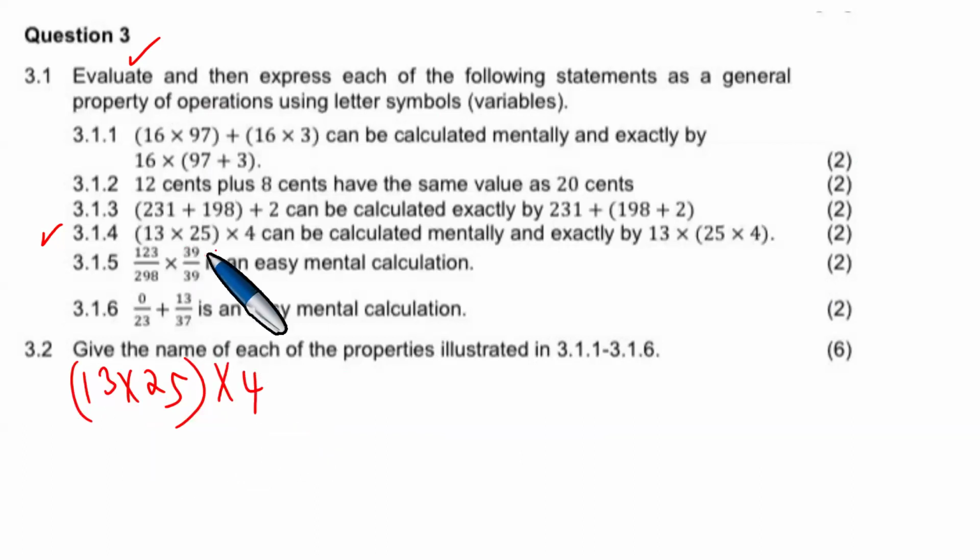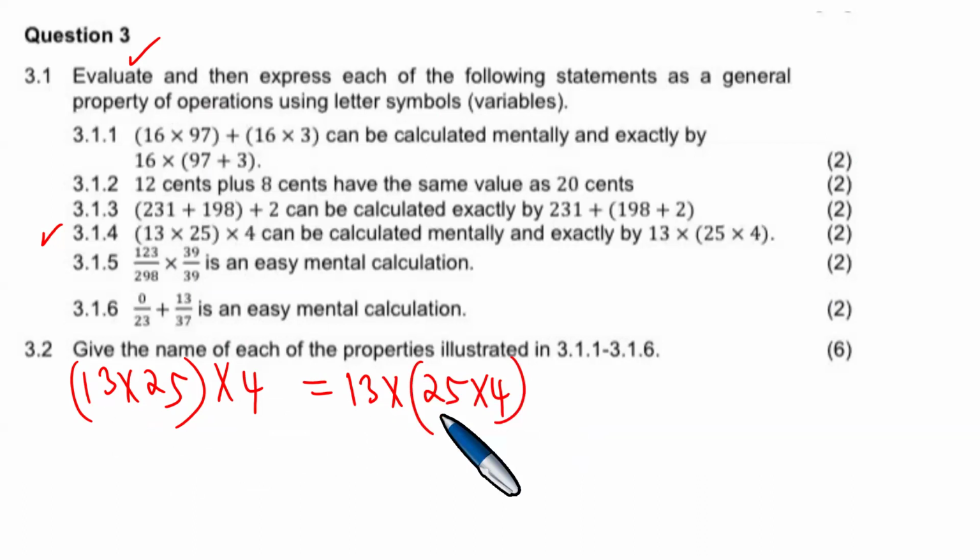So 13 times (25) times 4 is equal to 13 times 25 times 4. Now, the examiner is saying evaluate this, because the examiner tells us that this one here is exactly this one here.